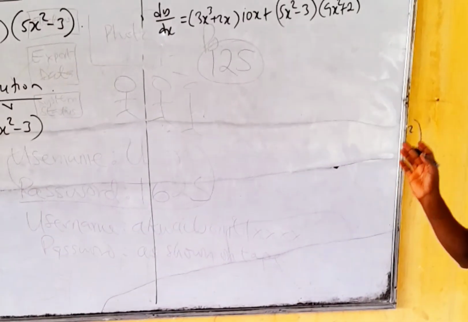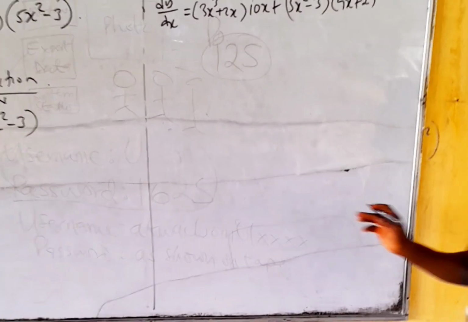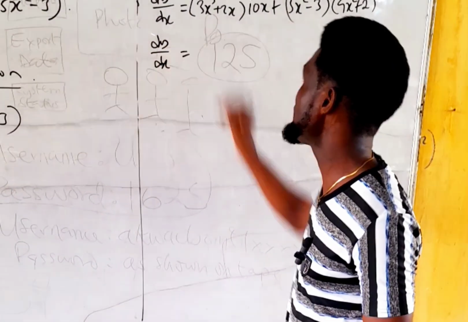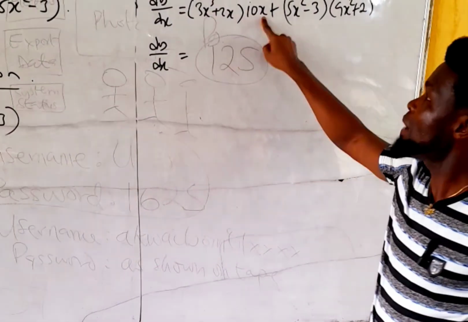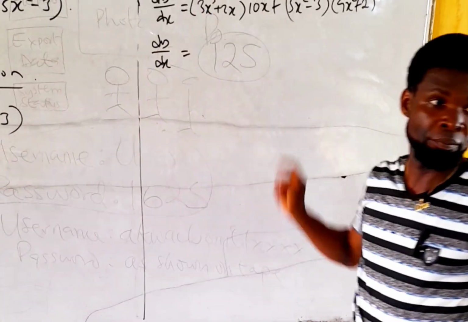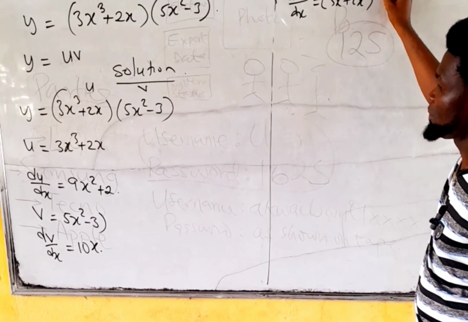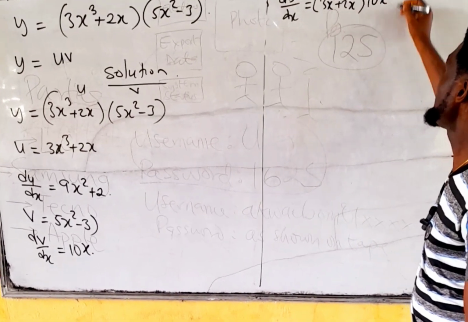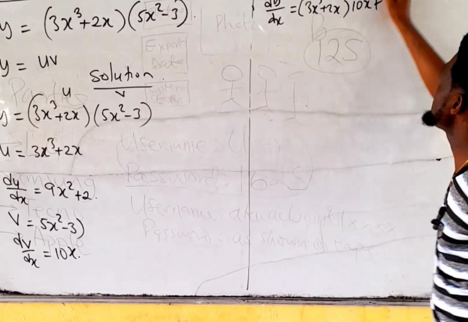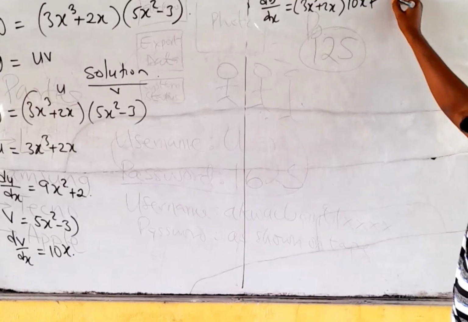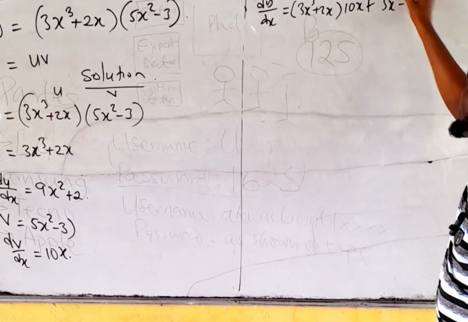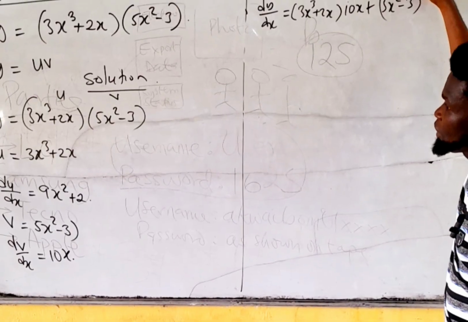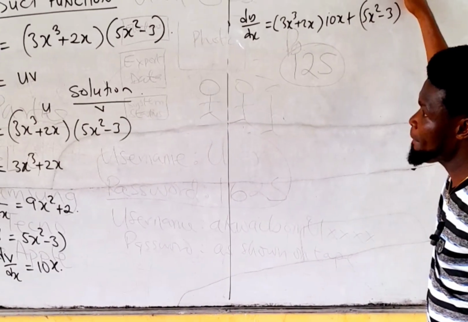Now it's just to carry out simple expansion of brackets. So dy over dx is equal to 3x cubed plus 2x times 10x, plus v, 5x squared minus 3, times du dx, 9x squared plus 2.